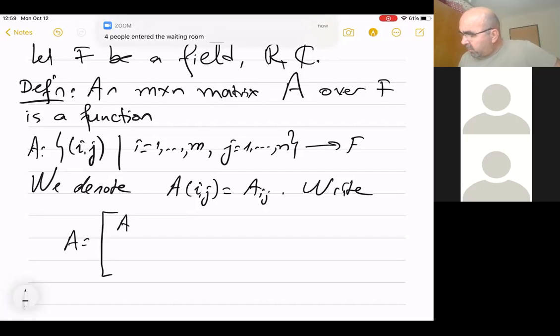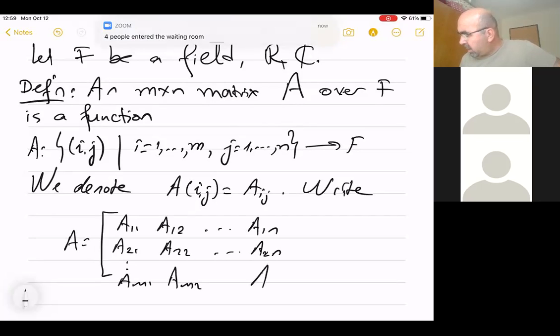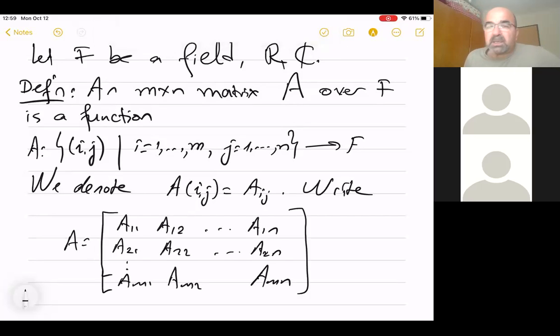So a11, a12, a1n, a21, a22, a2n, and etc. am1, am2, amn. So the function takes 1, 1 to this first entry, a11, whatever that is.